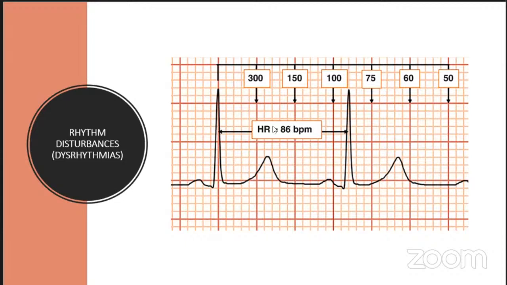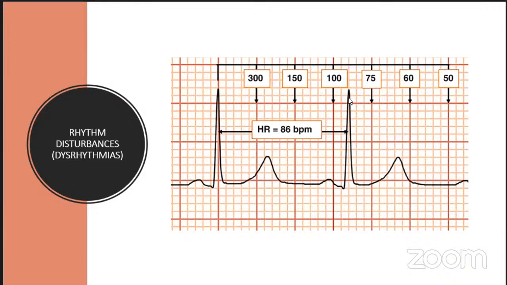So all we need to do is come back on our ECG and look for the next QRS complex after the one that fell on the thick line. So go forward, look for the next QRS complex, and it will be this one. Now, anywhere that QRS complex falls, look at the thick lines on both sides, and that will give you an estimate or a range of the patient's heart rate.